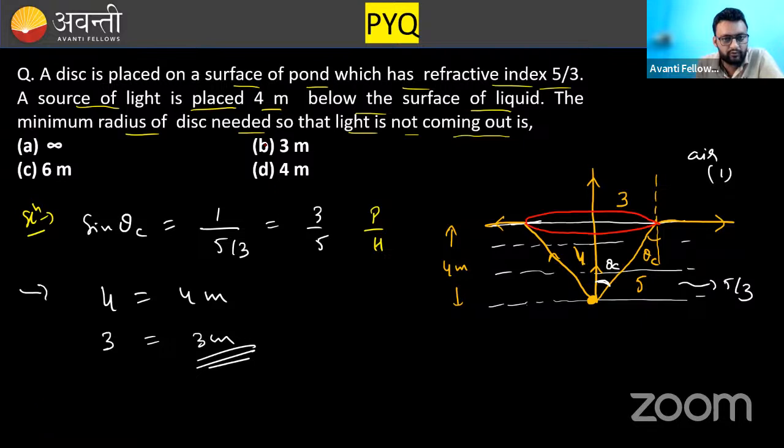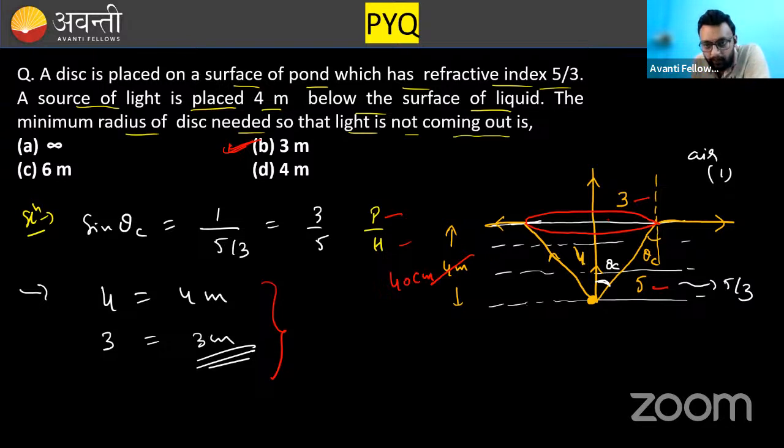I think most of you are not able to understand what's happening in these two steps. If it is not clear to you, I will explain it one more time. For example, are you clear that sine theta c is equal to 3 by 5? This is perpendicular over hypotenuse. So this is 3, this is 5, this should be 4. Now, what's happening here? Let's suppose this distance was given as 40 centimeter.